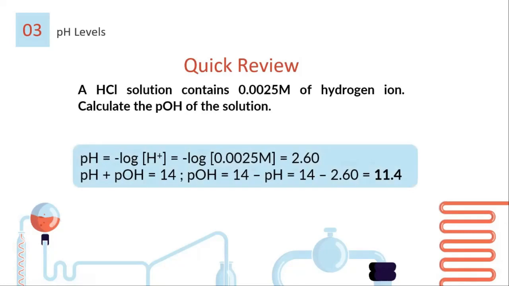This will give us negative log of 0.0025 molars, which is a pH value of 2.60. Keeping in mind that pH plus pOH is equal to 14, we can compute the pOH by subtracting the pH value from 14. So 14 minus 2.60, the pOH value of this solution is 11.4.